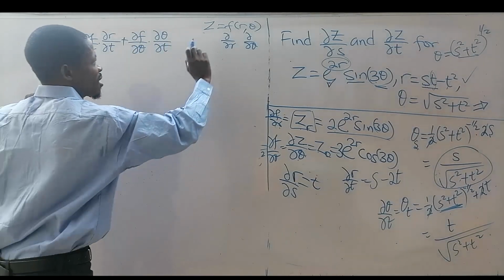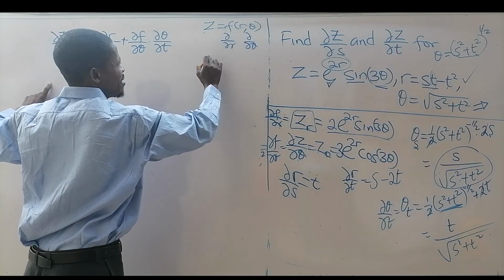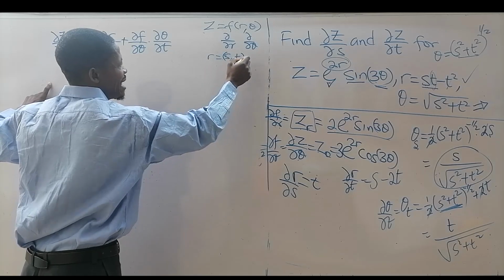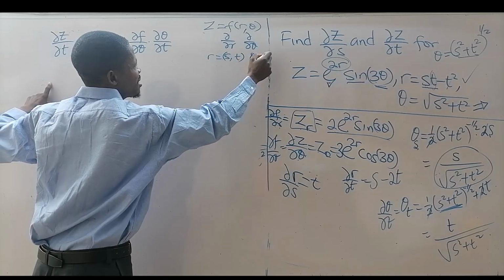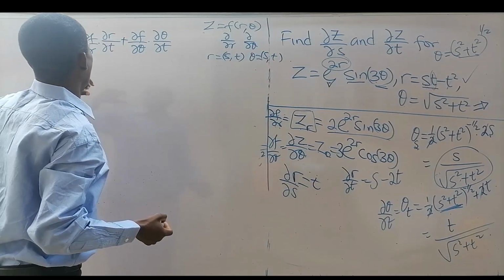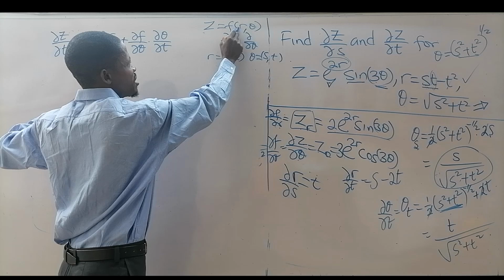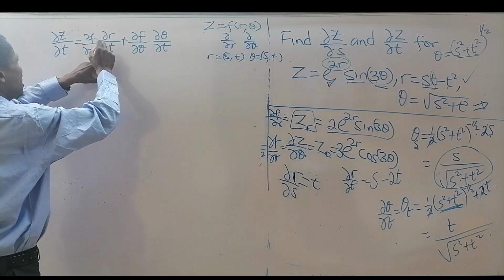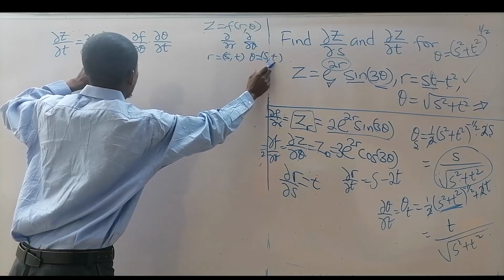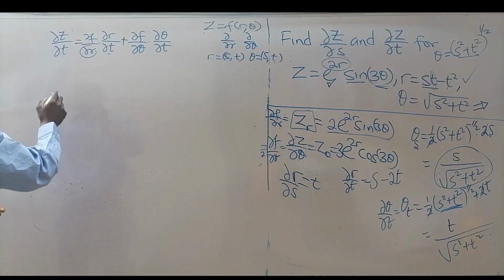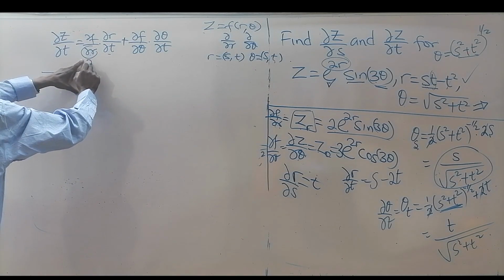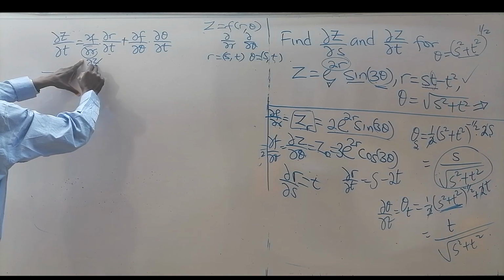This is very simple. Don't forget, r also is a function of 2 variables, which is x and t. Okay, and theta is also a function of x and t. So in that case now, once you do the partial differential of the first one here, it's going to be what you have here. We'll start here times, we've done this one before, so times this. So that's what we have. Can we begin to do the substitution? Del f del r is the same thing as del z del r.